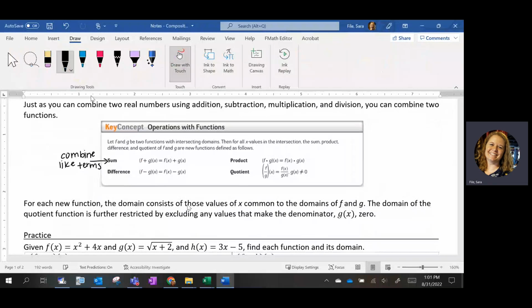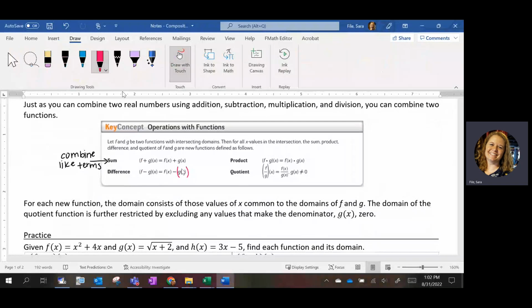Now when you go to find the difference between two functions, it's the same concept. We read this the same, f minus g of x or f of x minus g of x. The only difference is that this subtraction sign, this minus, has to be distributed to all terms within the second function, the function being subtracted, in this case g of x.